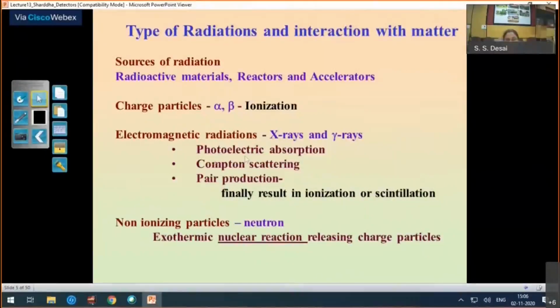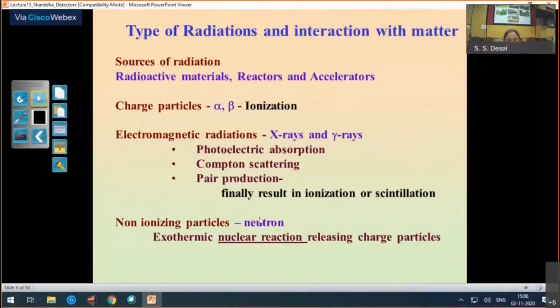X-rays and gamma rays have some basic interaction properties, like photoelectron emission, Compton scattering, and pair production, with which you must be very familiar. In the case of neutrons, things are very different, as it does not interact with just any matter but with very few.